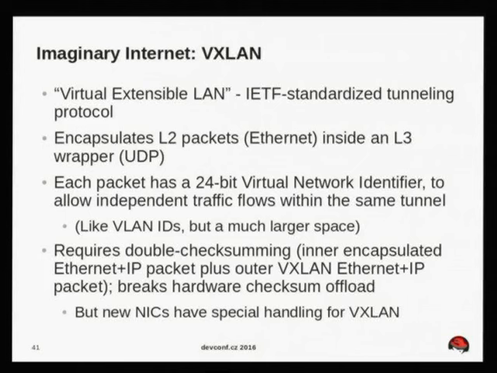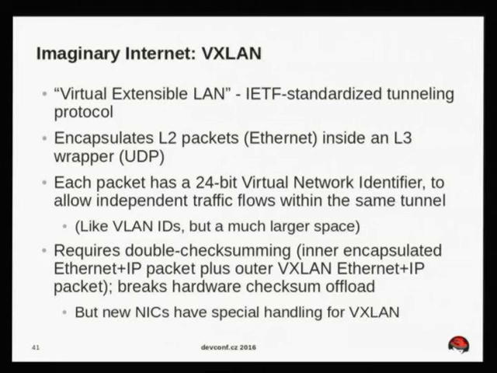In OpenShift, we use that to do isolation between containers that are owned by different projects. We assign different VNIDs to them, and then use that to control which traffic can go into which containers on the other side.